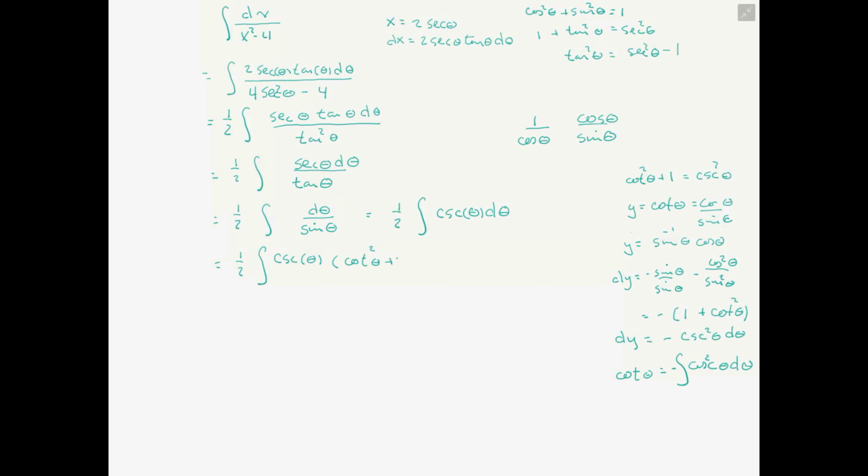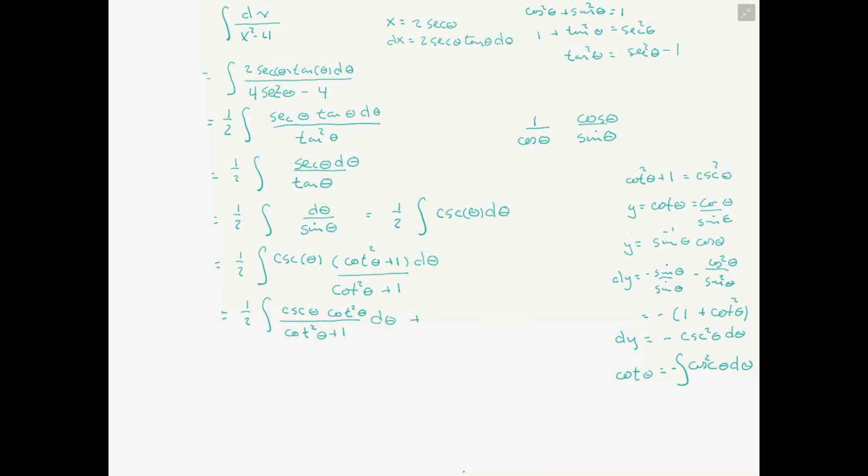Multiply that by 1/2 cosecant theta d theta, but we want to multiply by cotangent squared theta plus 1 d theta, and then we have 1/2, and that's over cotangent squared theta plus 1.